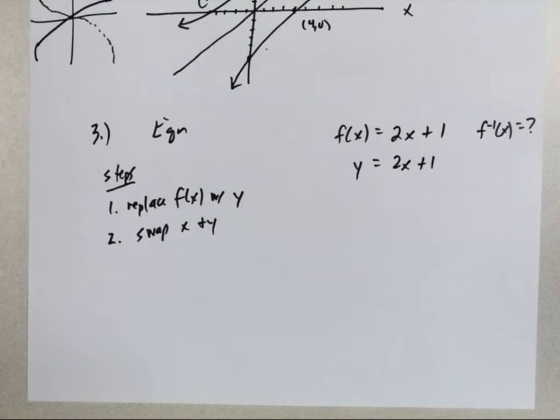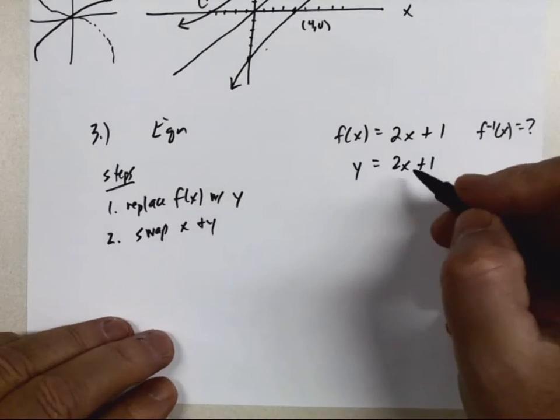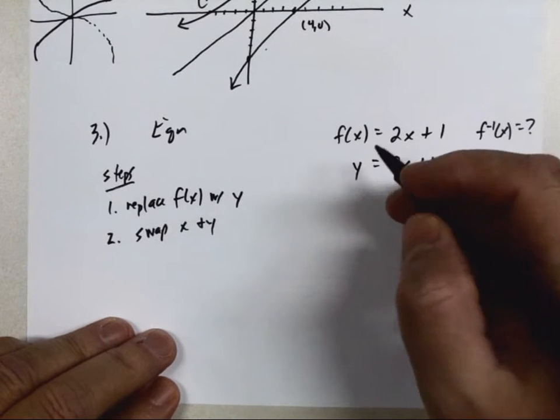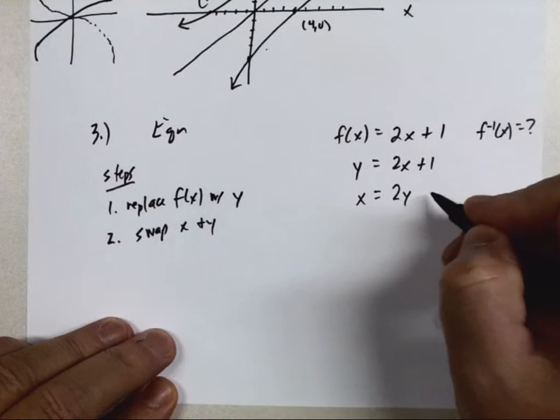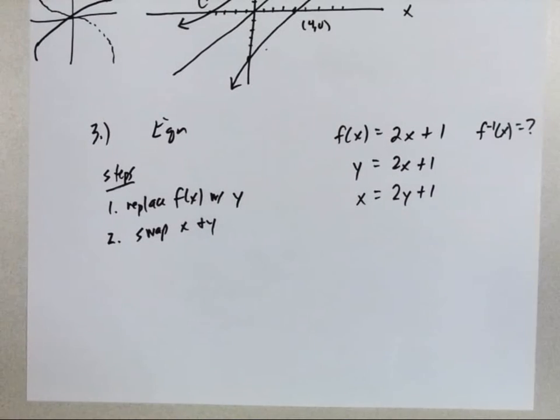Now, I want to actually swap my x's and y's. So instead of a y here, I'm going to put an x, and here I have 2x, I make that 2y. So every place you have an x, you make it a y. Every place you have a y, you make it an x.